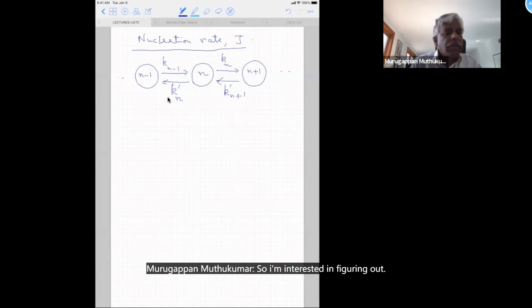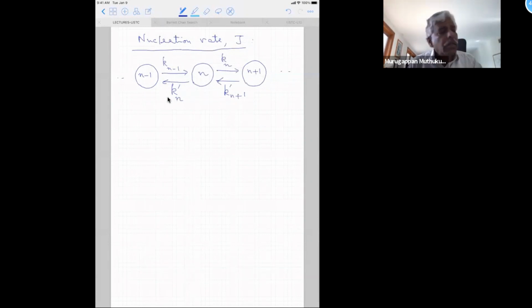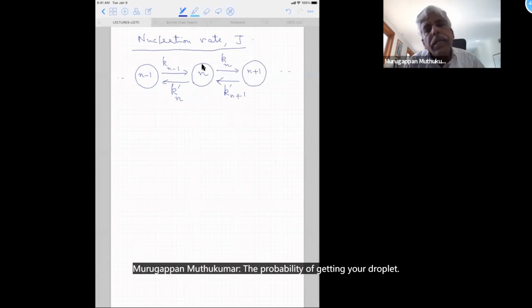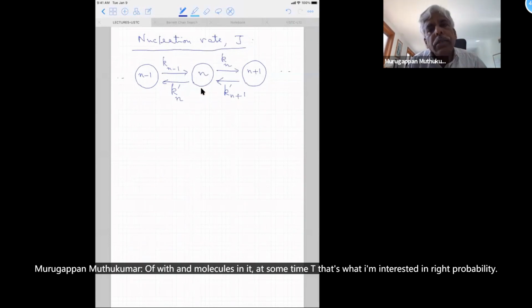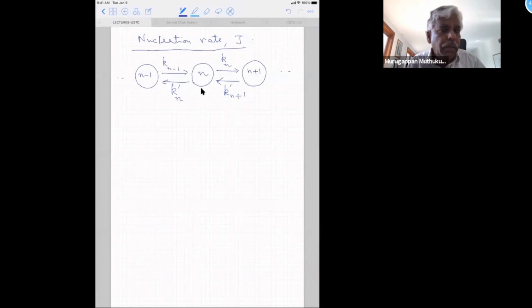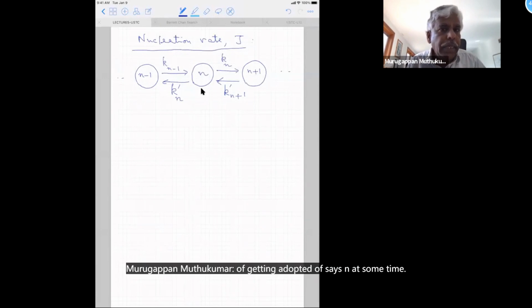So I'm interested in figuring out the probability of getting a droplet with n molecules in it at some time t. That's what I'm interested in: the probability of getting a droplet of size n at some time t.